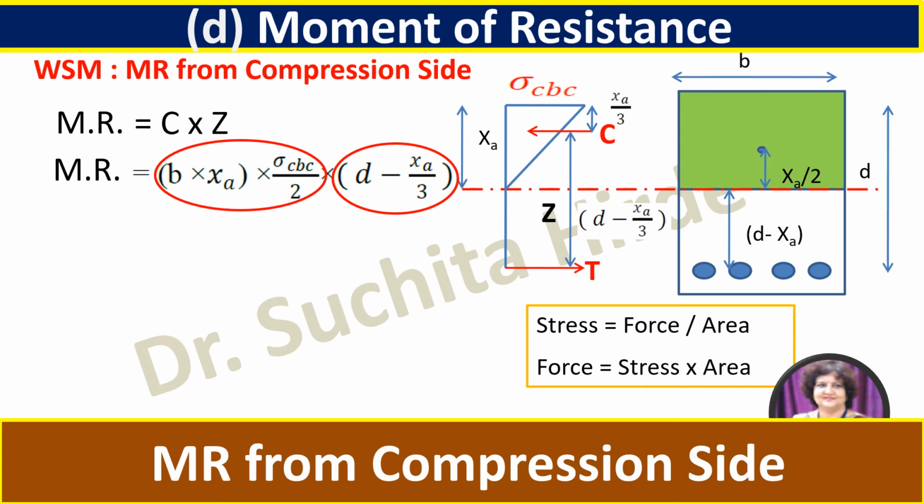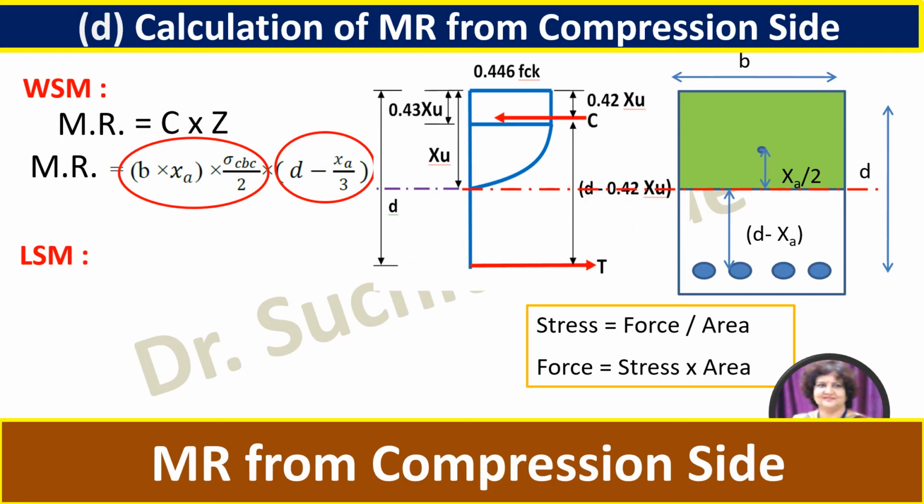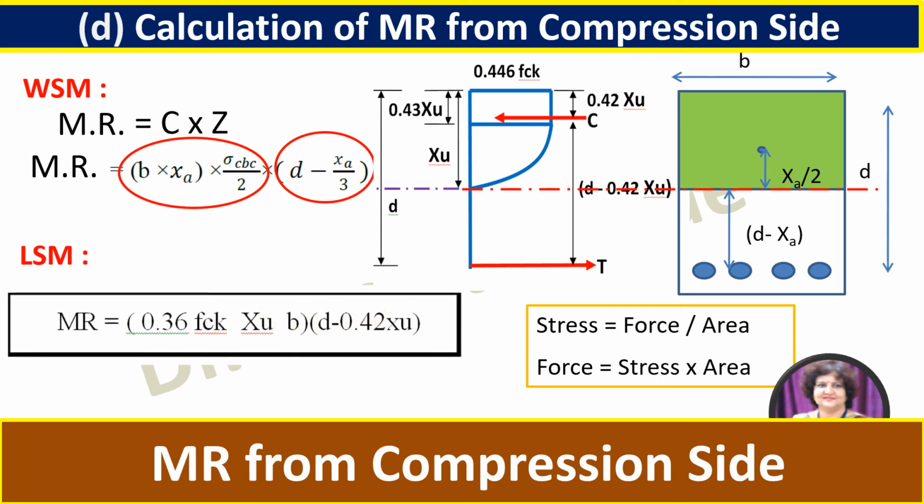Now we will see the same, that is moment of resistance from compression side using limit state method. To calculate the moment of resistance using limit state method, we have to first draw the stress diagram like this. So here the moment of resistance is nothing but C into Z. Now for the value of C, the average stress in this block is 0.36 FCK.